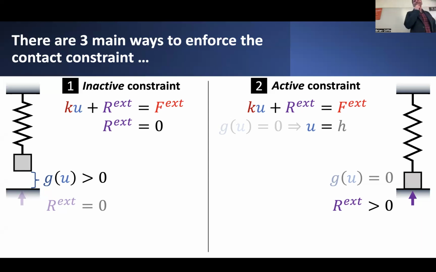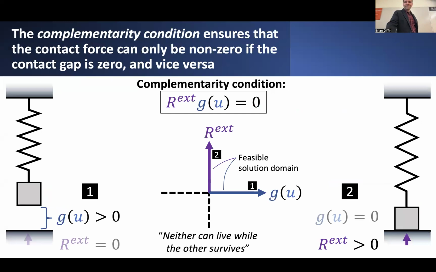You have a question? Yes. The complementarity statement you said earlier allows the condition where the reaction force and the gap are both zero. It would probably help to make the statement that they're not equal to each other.